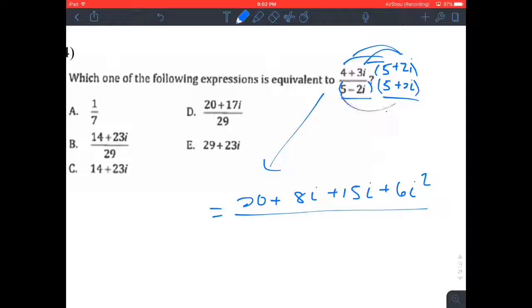Our denominator, we got 5 times 5, which is 25, 5 times 2i is plus 10i, and then negative 2i and 5 is minus 10i. Negative 2i and a plus 2i is a negative 4i squared.